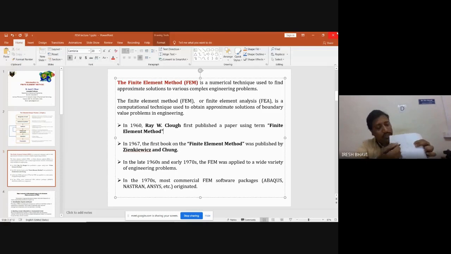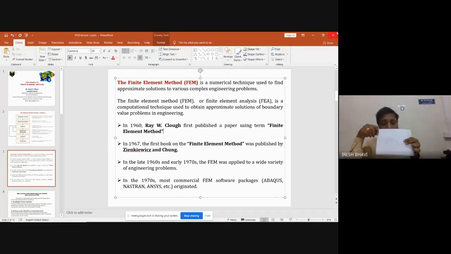In FEM, we divide the complex body into simple sized finite number of parts. Then each part will be solved separately. Then later we club the solutions for all the parts to get the solution for that complete problem. That is the concept used in finite element method.